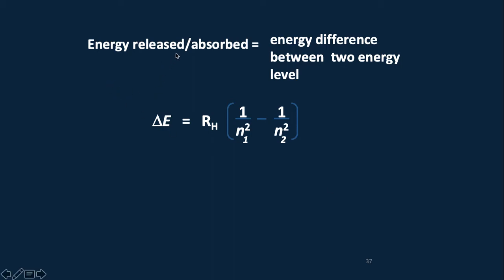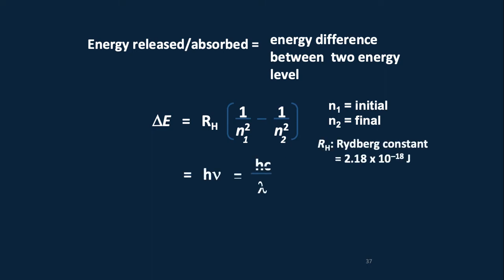The energy released or the energy absorbed can be calculated from the difference in energy between two energy levels using this equation. Remember that this one is initial and this one is final.